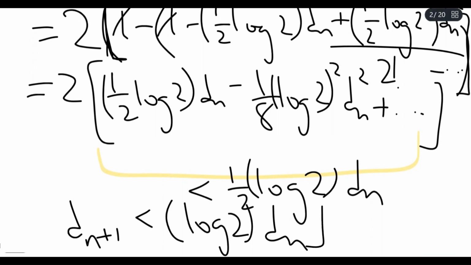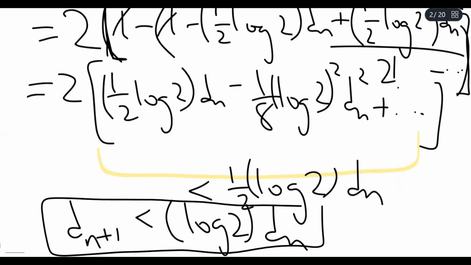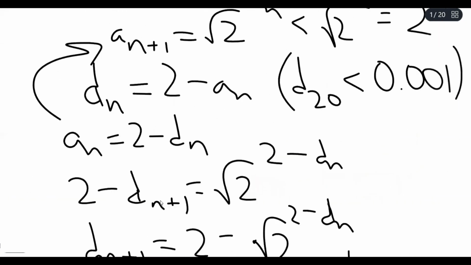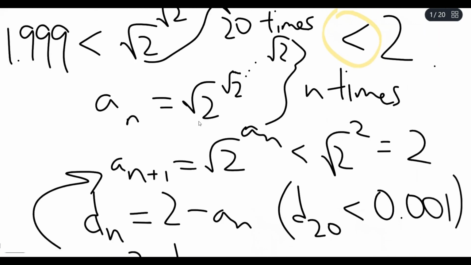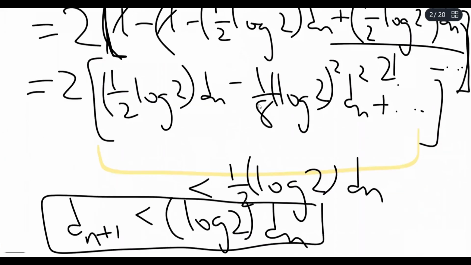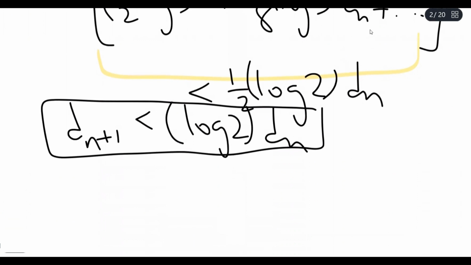Okay, so let's just recap what we've proved here. We've proved that the difference between this power tower and 2 decreases exponentially fast. Each time you get something less than log 2 times the previous thing. Now, for our purposes, we won't need a very good estimate on log 2.